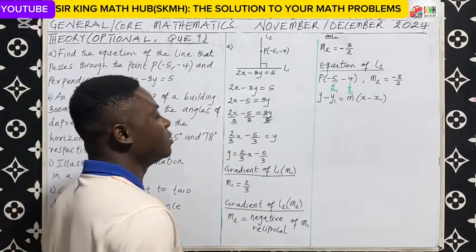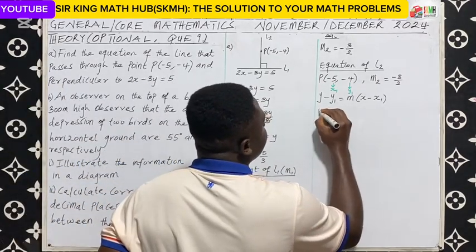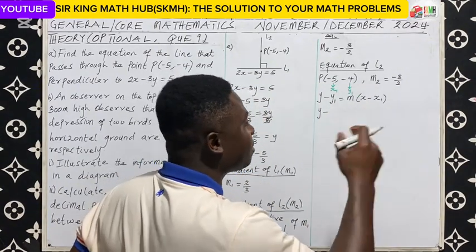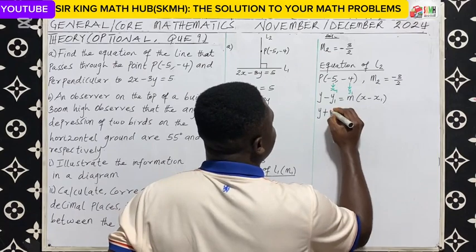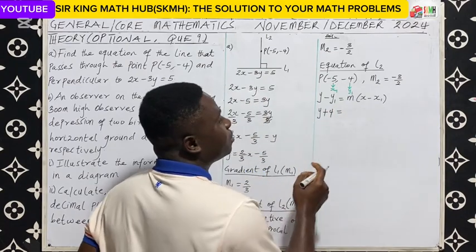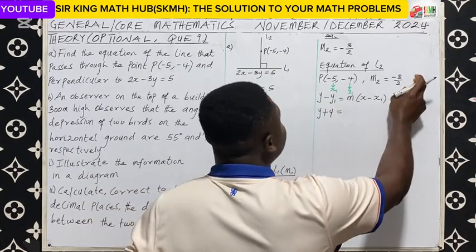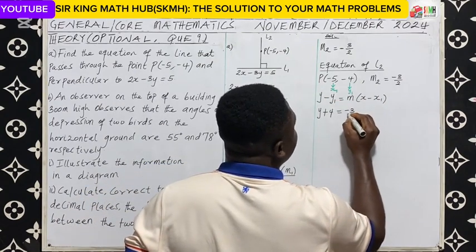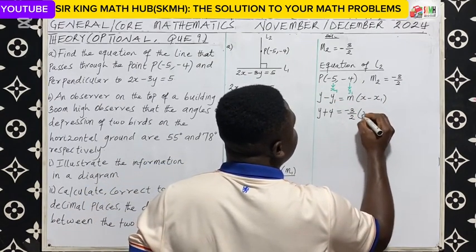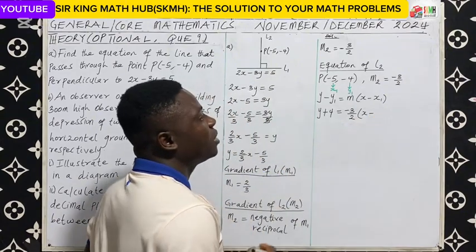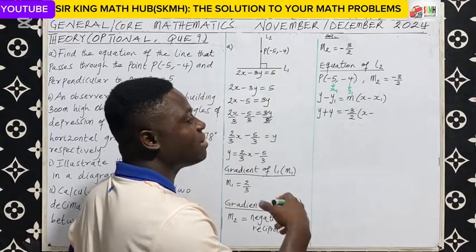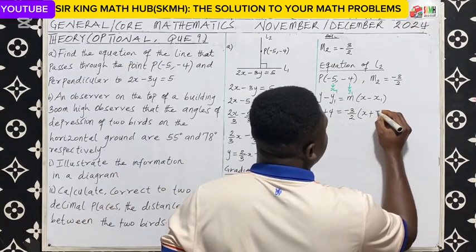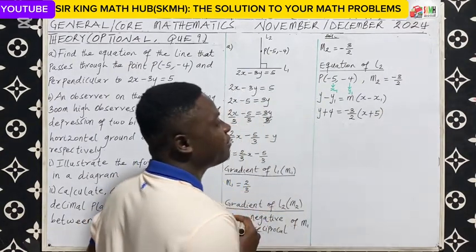So let's do the substitution. We have y minus y1. y1 is -4, so -4 becomes +4. For the gradient, we are using the gradient of line 2, which is -3 on 2, multiplying x minus x1. x1 is -5, so -5 becomes +5.